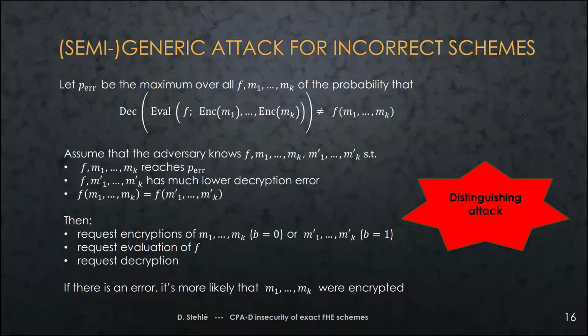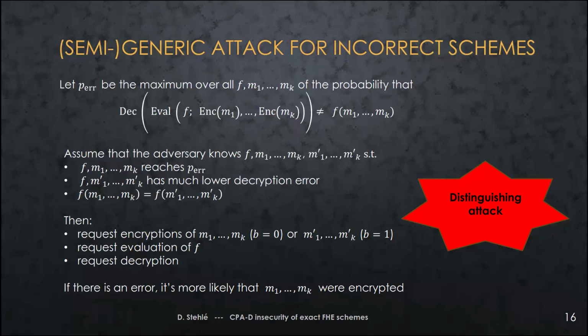If there is a correctness failure, then it's more likely that the m_i's were encrypted than the m'_i's. So if you have some difference of failure probability for inputs that evaluate in the same way for the same function, then you can exploit this difference.